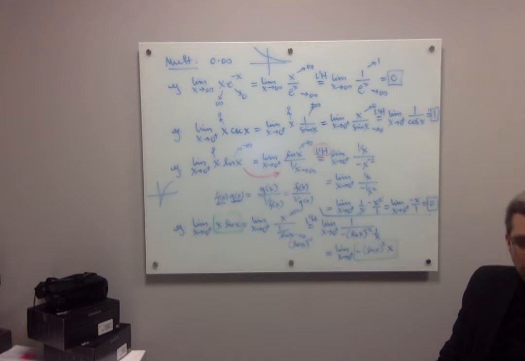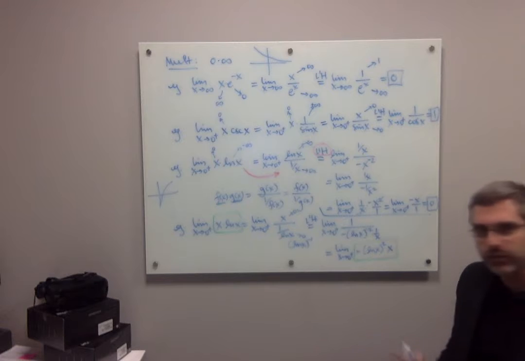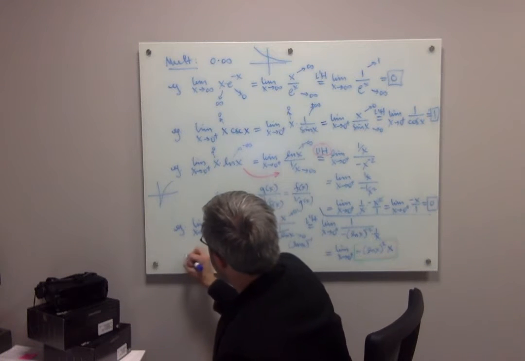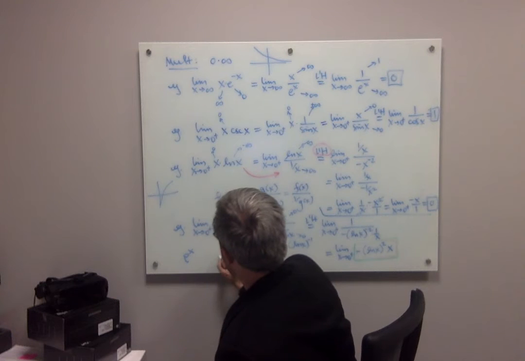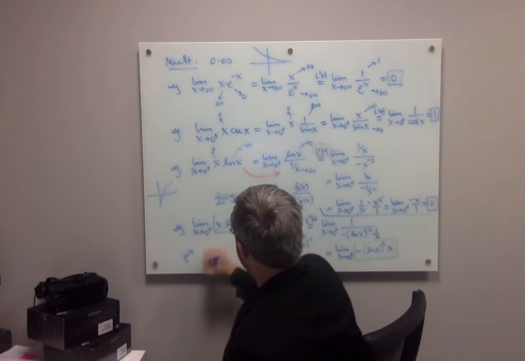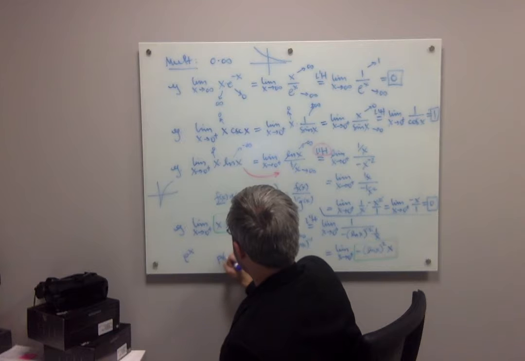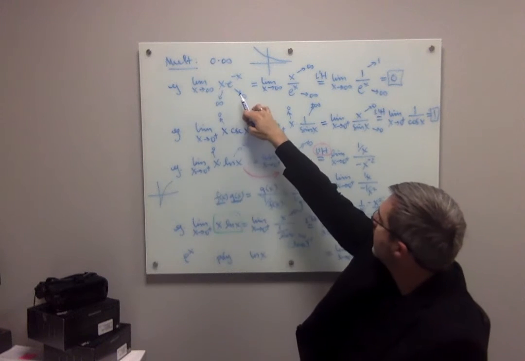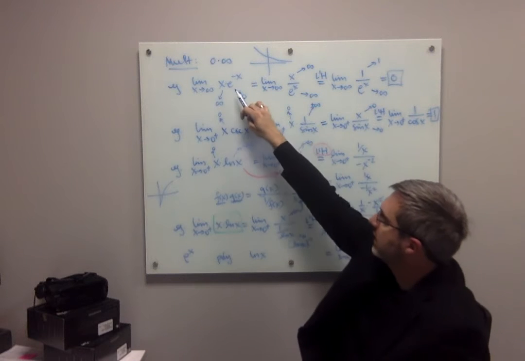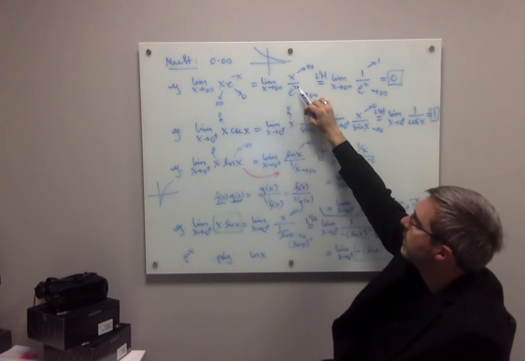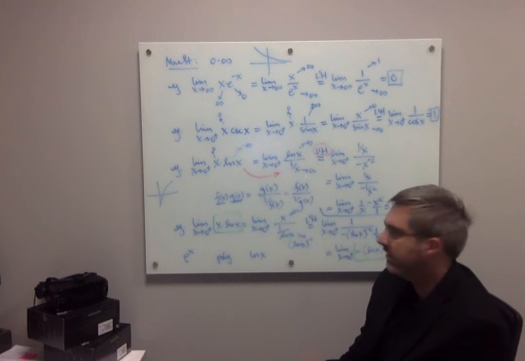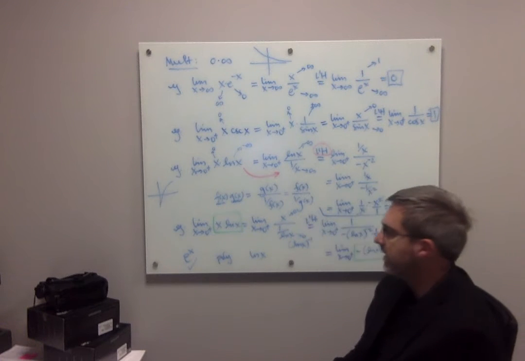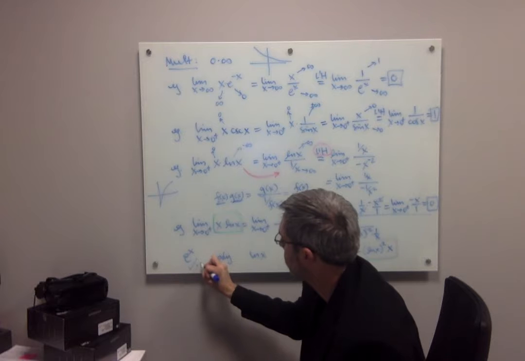So you might ask, well, how do I know which one to put on the bottom? Well, the rule of thumb is that if you're choosing between an e to the x, an x or a polynomial, and a natural log, the e to the x goes on the bottom really easily. Like if I have e to the minus x, it goes downstairs very easily. So you want to pick the e to the x first. That makes you happiest.